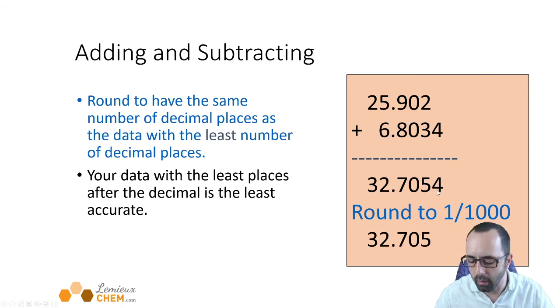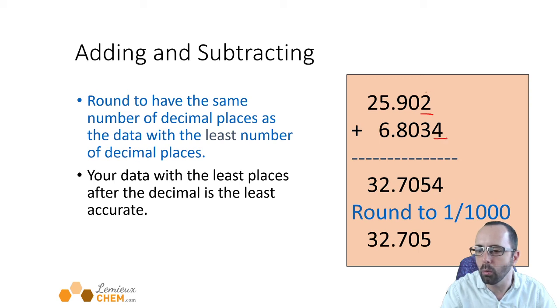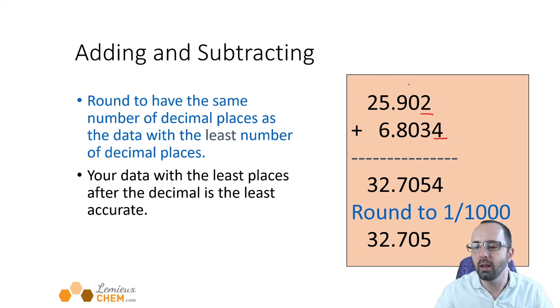Okay. Well, the way we're going to decide where to round is we look where the last sig fig is. The last sig fig here is the 2 on this one and the 4 on this one. So we're going to want to round at the place value of the number that has the fewest place values. So here, it's more to the left.